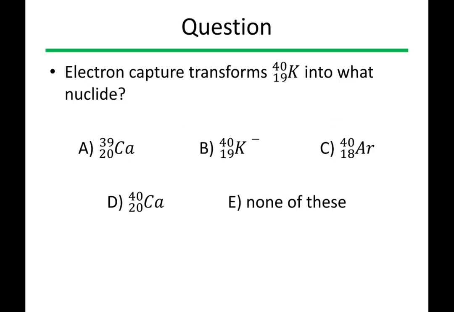So with some practice using these equations, you can look at the one for electron capture and think, what would electron capture transform potassium-40 into? And so we'll see the correct answer for this one is C. For doing this, we'll want to set up the reaction, so 40, 19K.